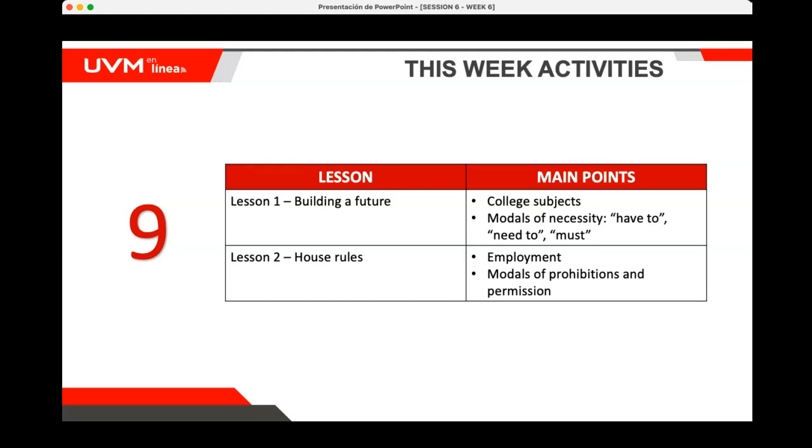It's a very complicated topic because, as I tell many students, you don't only need to pay attention to the meaning of the modal, but also to other factors. For example, the degree to which the modal is functioning, for example, if the modal is stronger than another modal. In this case, the difference between must and have to can also be described in terms of degree.